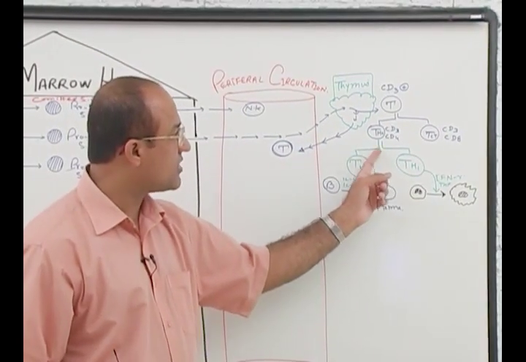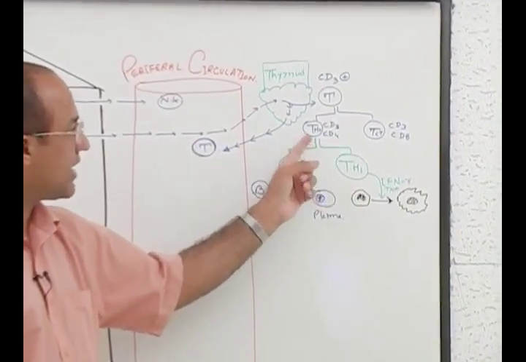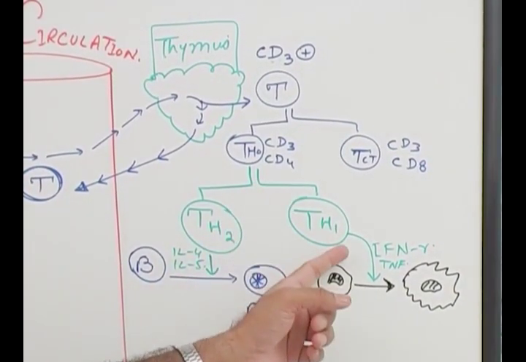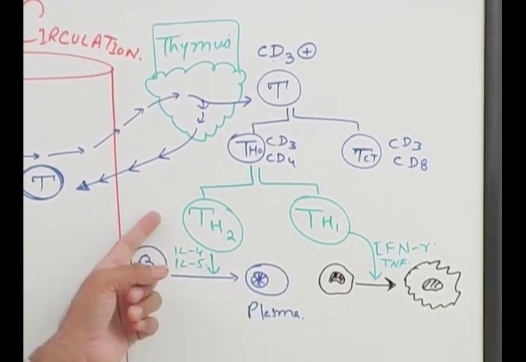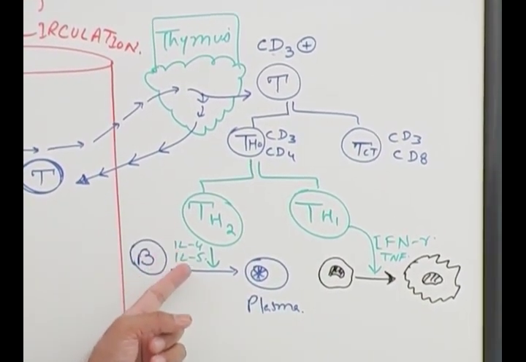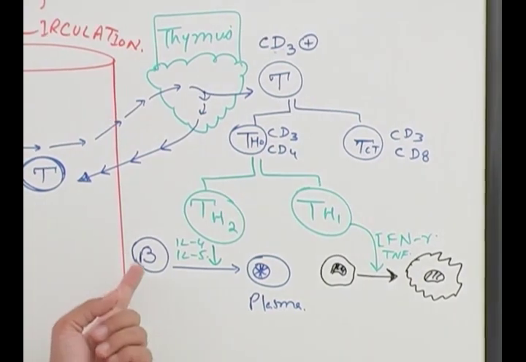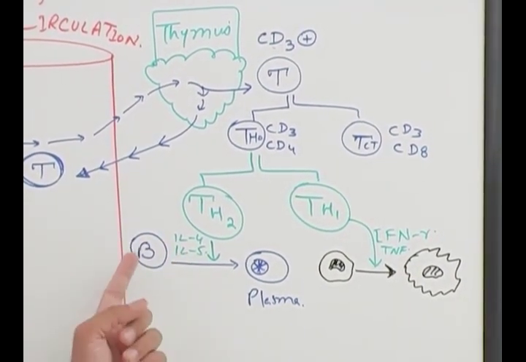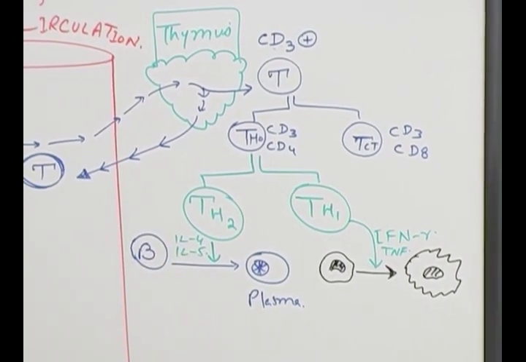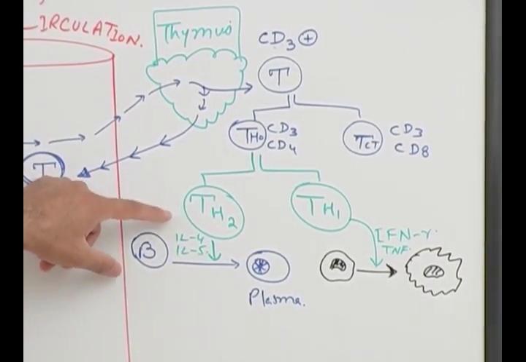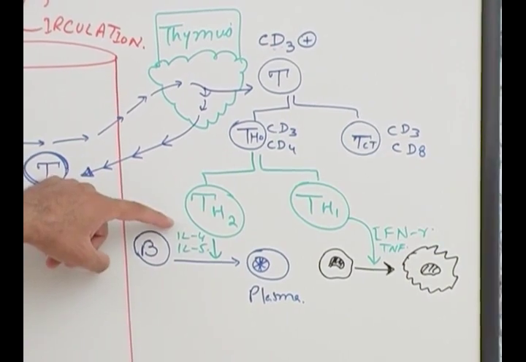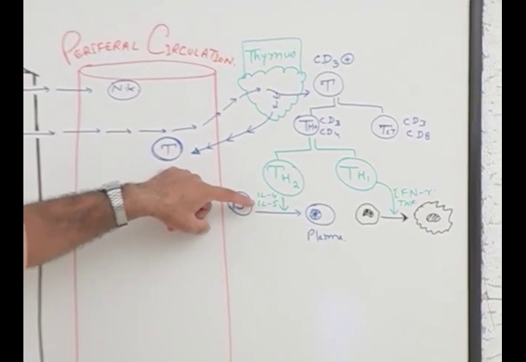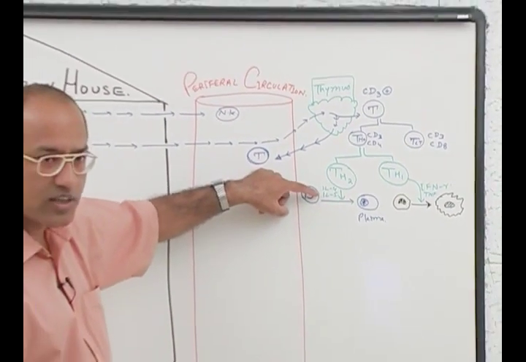Now what we really see is that some of these T helper cells convert into T helper 2, others convert into T helper 1. T helper 2 cell can produce interleukin 4 and 5. Interleukin 4 acts as B cell growth factor. Interleukin 5 works as B cell differentiation factor.